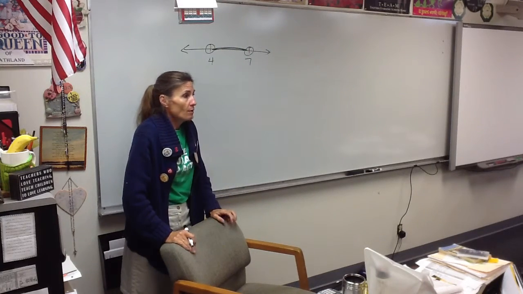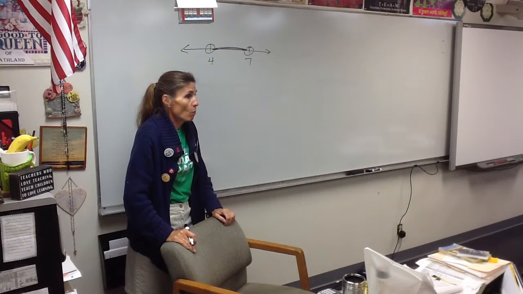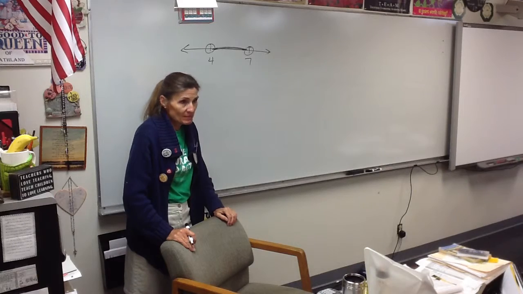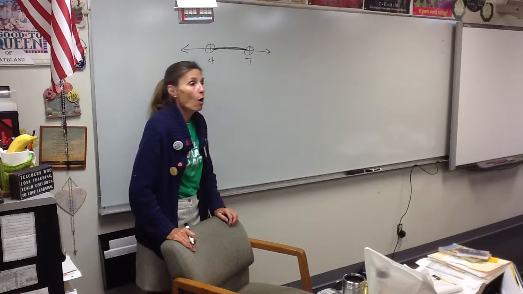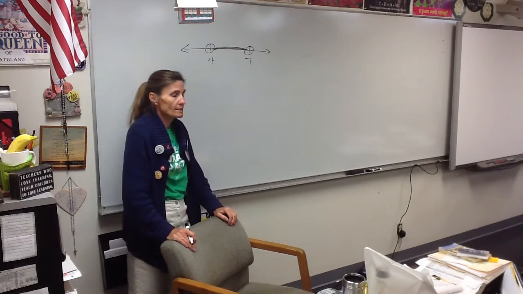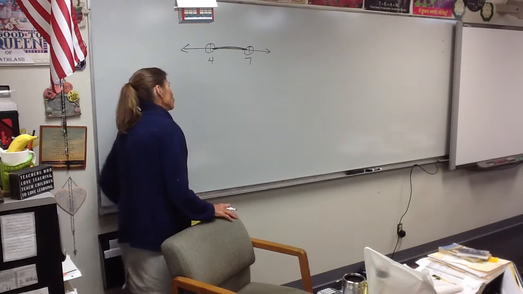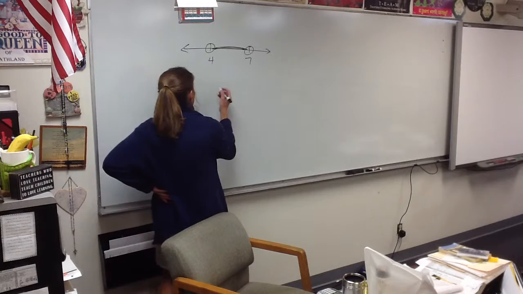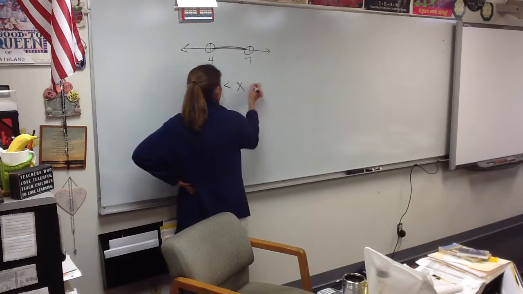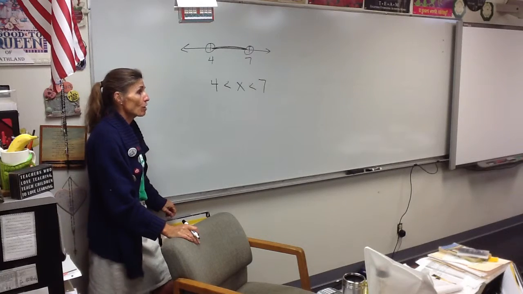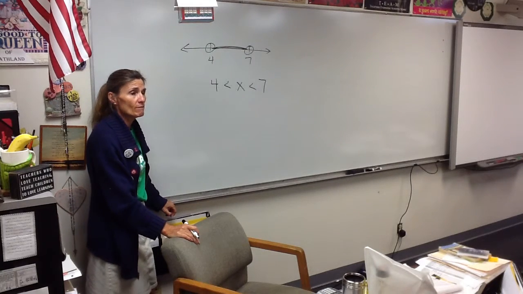That means all the numbers between 4 and 7. That does not mean just 5 and 6. That means all the numbers between 4 and 7. If I wanted to write that as an inequality, I could do it like this. Would you agree with me? Yes, ma'am. That would describe all the numbers between 4 and 7.